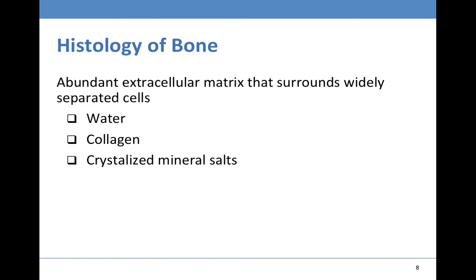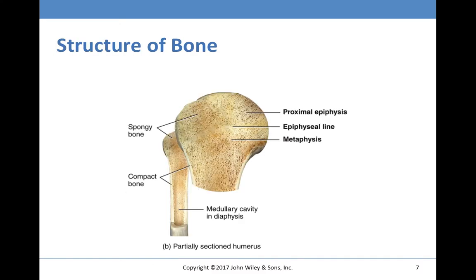Now, depending on the size and the distribution of the spaces between the hard components of the bone, we can then call our bone either compact or spongy. So you'll see here the compact bone, and here you see the spongy bone. And then we also have some of the parts of the bone we named earlier. This is the proximal epiphysis.